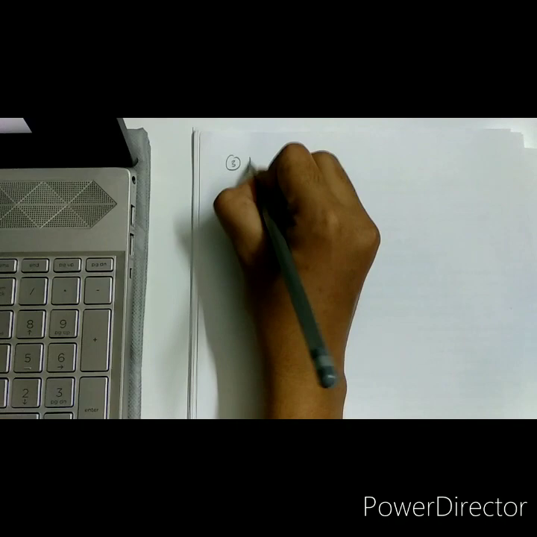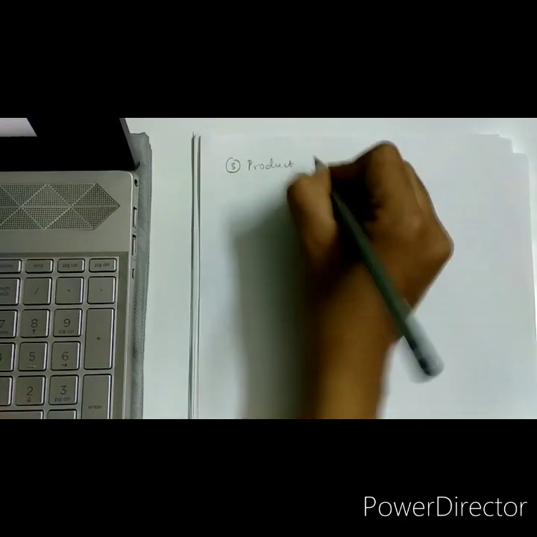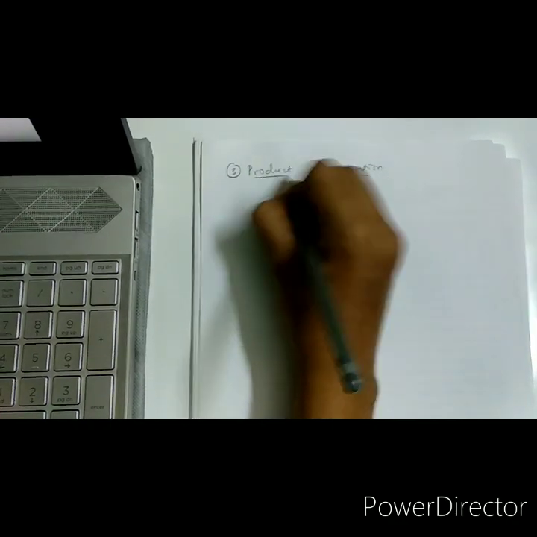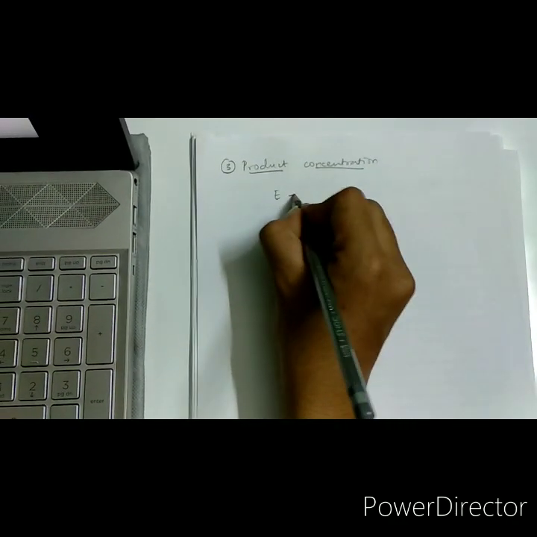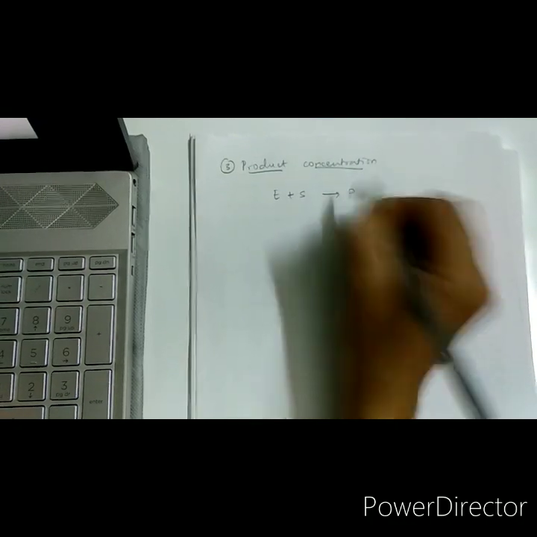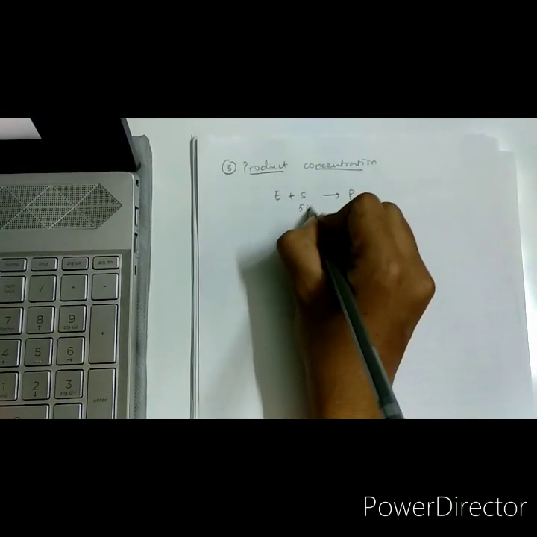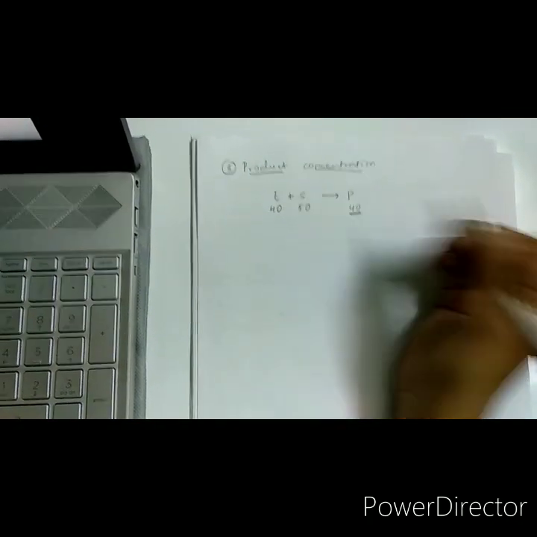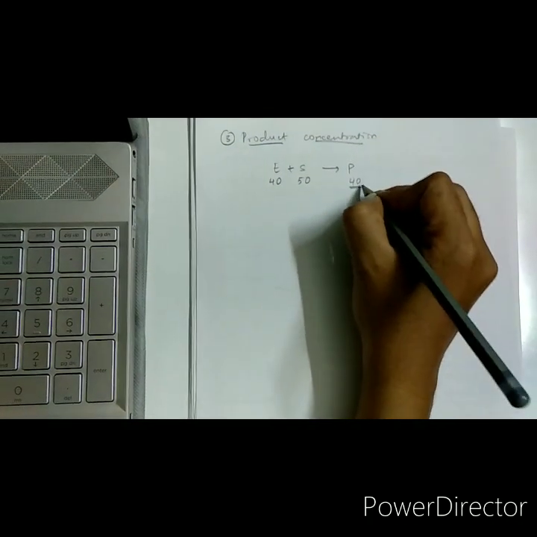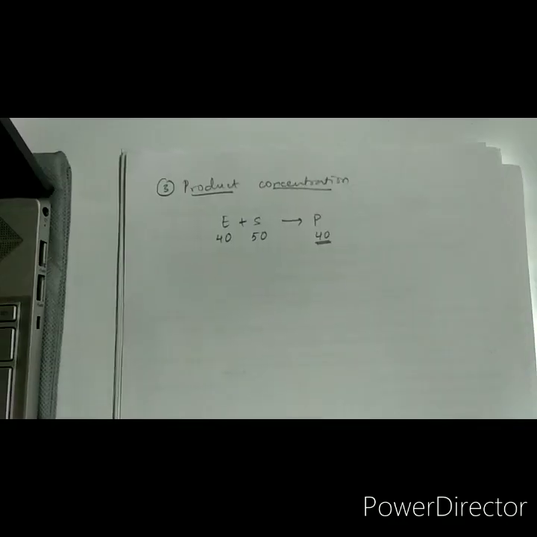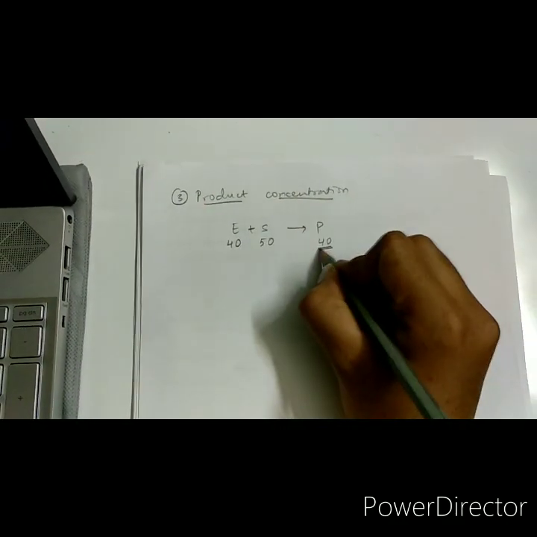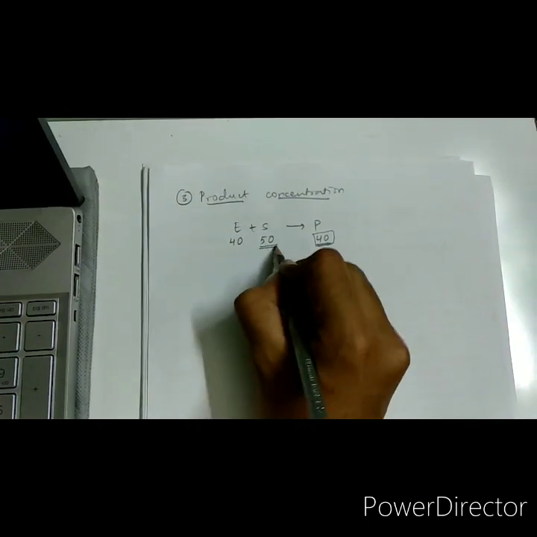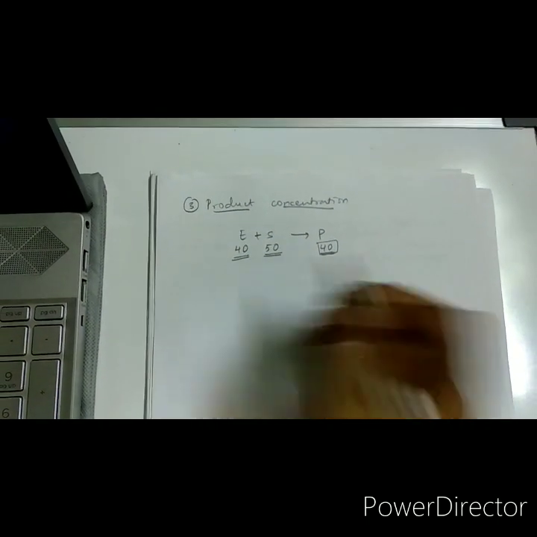So next is product concentration. Again, the same example: enzyme plus substrate gives product. There are 50 substrate and 40 enzyme, so the resultant will be 40. These 40 molecules are obtained from 50 substrate molecules and 40 enzyme molecules.